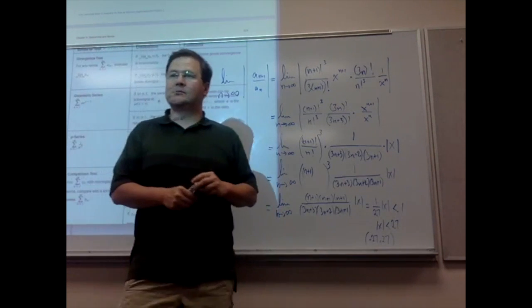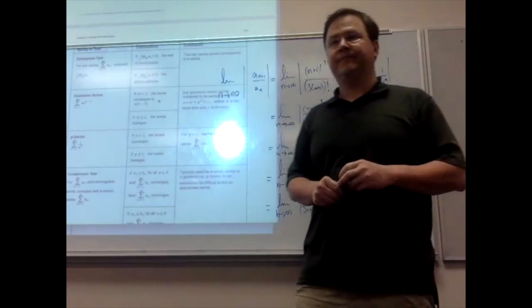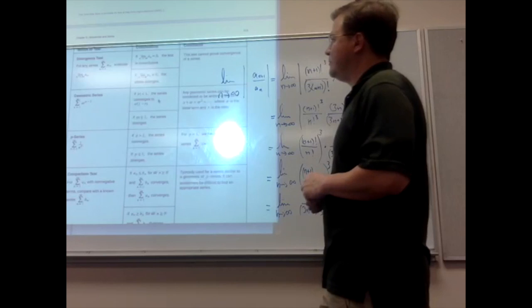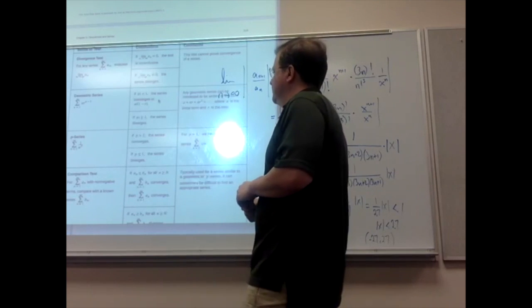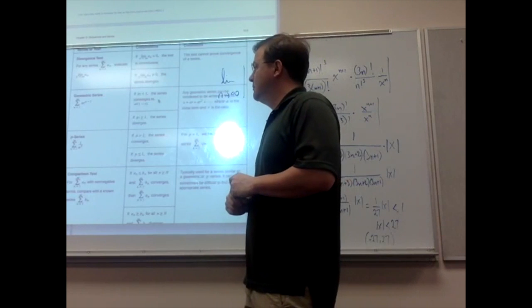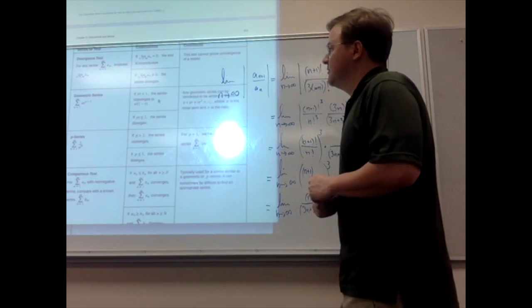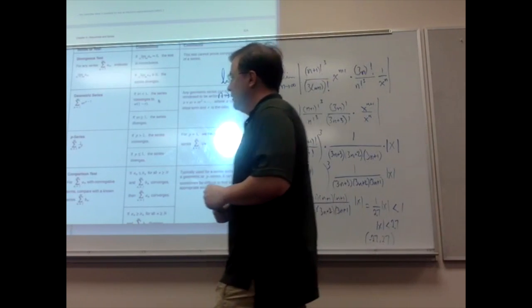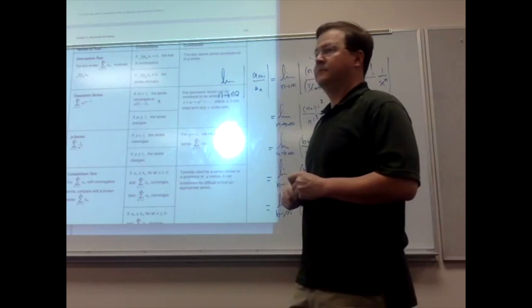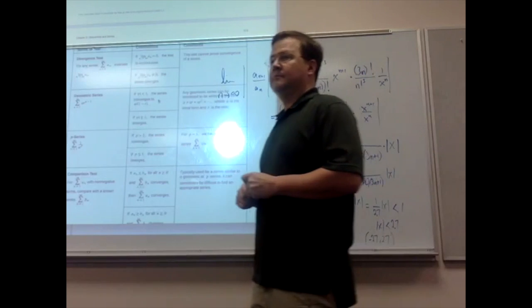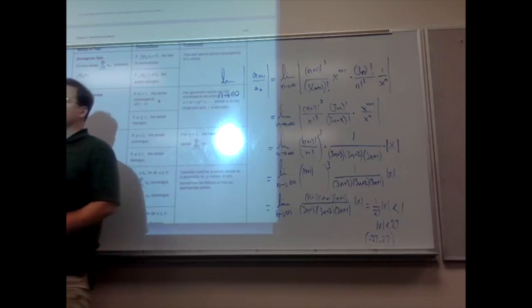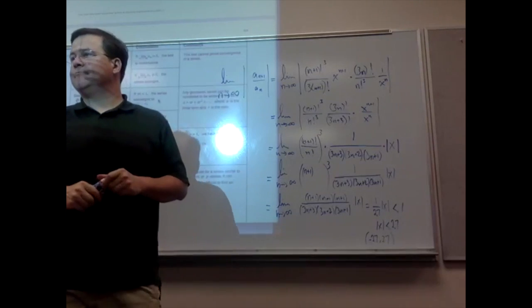What was it, polynomials, exponential? I might have been lying. 5 factorial is 120, 120 cubed. That's hundreds, thousands, millions, billions, trillions. And did you multiply it by 27 to the 5th? Yeah, 27 to the 5th is like 14 million.